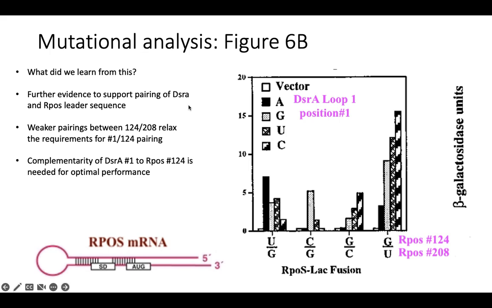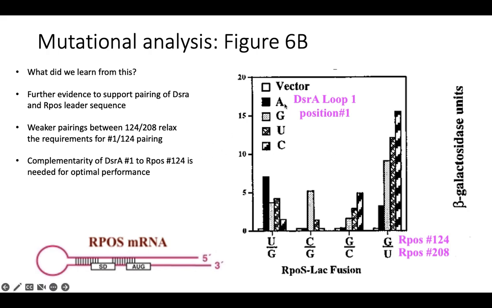Okay, let's go over this mutational analysis here in Figure 6b. If you look up here, all of these bars correspond to the DsrA mutant that we have. Vector is used as a control. That just means we had our same setup with our pBAD promoter and so on, but there was no DsrA to be made.